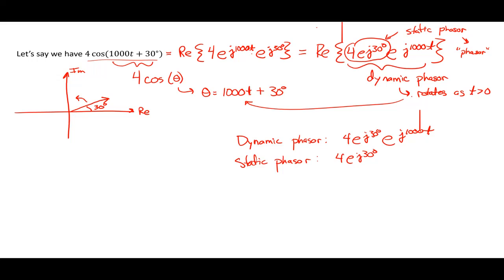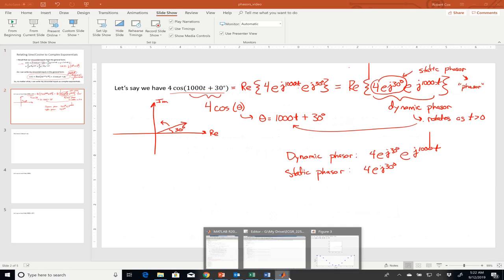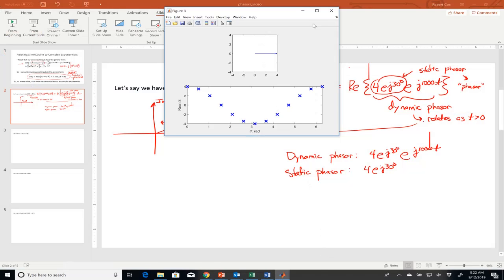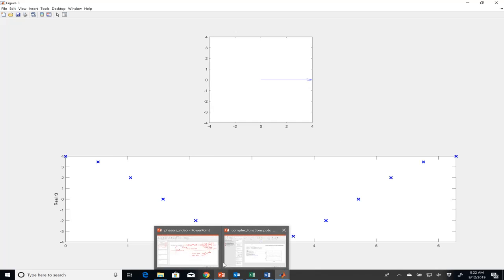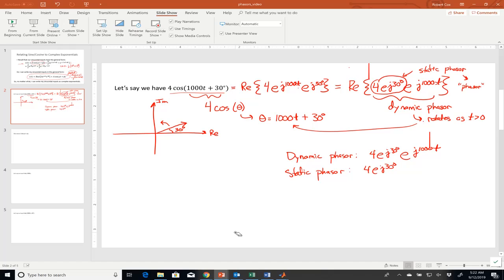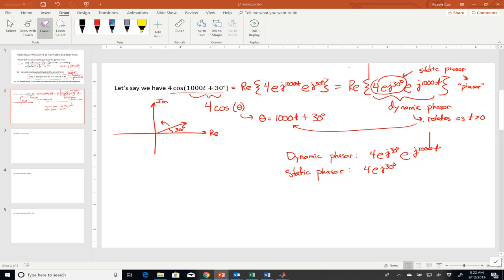Okay, so to try to visualize this, I'm going to look at this in a simple little MATLAB script. For now, what I've actually tried to draw here is, as a simpler case, I'm going to start out with 4 cosine omega t.